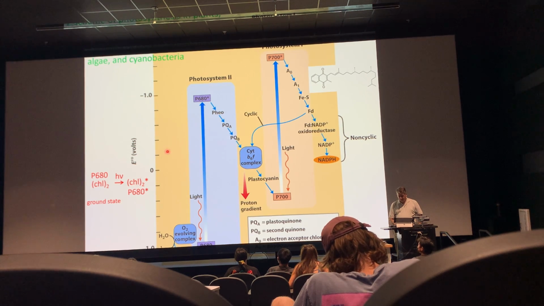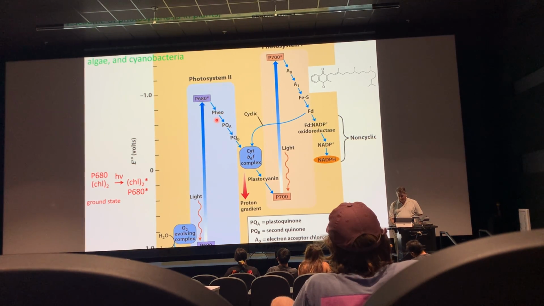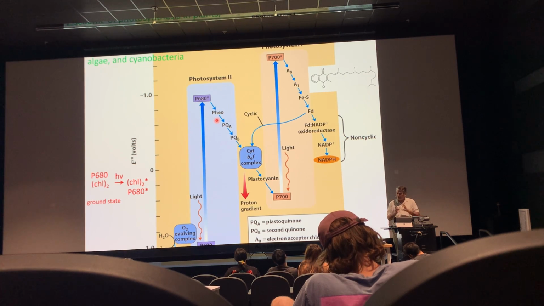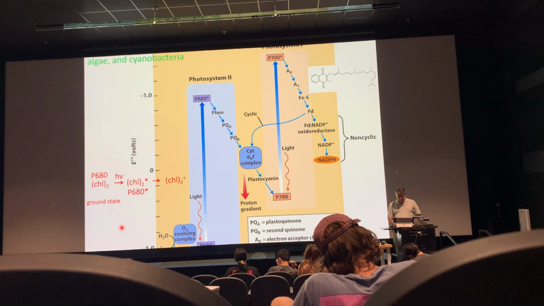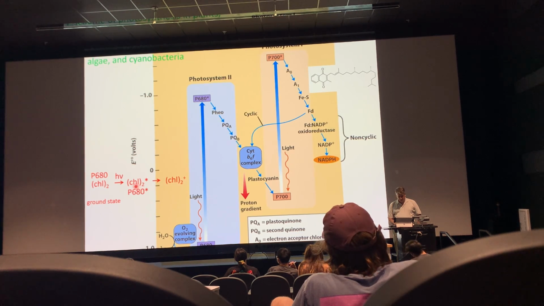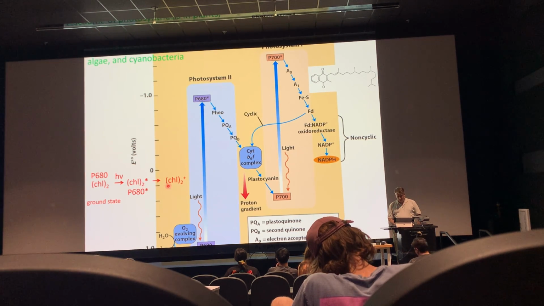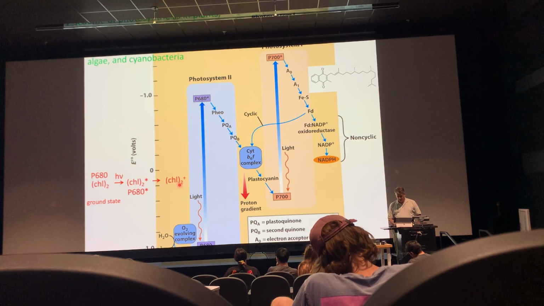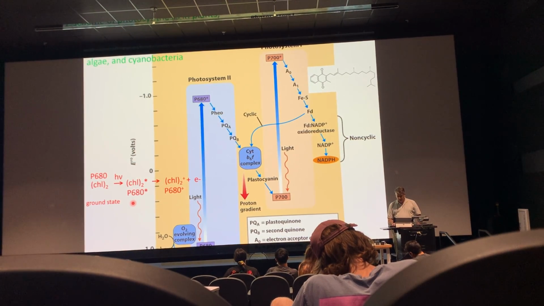And then this thing can give off an electron. Pheophytin, again, is a chlorophyll without a magnesium in it. It's held by a protein. Everything is oriented perfectly by proteins. And this is the part that they're not showing on this diagram. When that electron comes off, so it forms CHL2 with a positive charge, so this is P680 plus, and an electron.